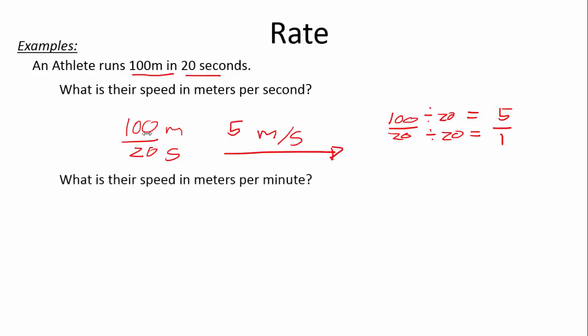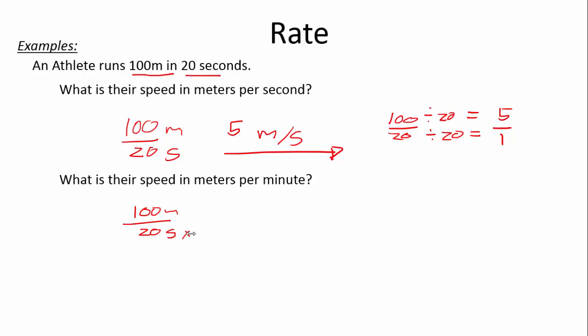What is his speed in meters per minute? So if he runs 100 meters in 20 seconds, what is his speed in meters per minute? So we're going 100 meters in 20 seconds. How many seconds are there in a minute? You know there's 60. So how far will he go in a minute?